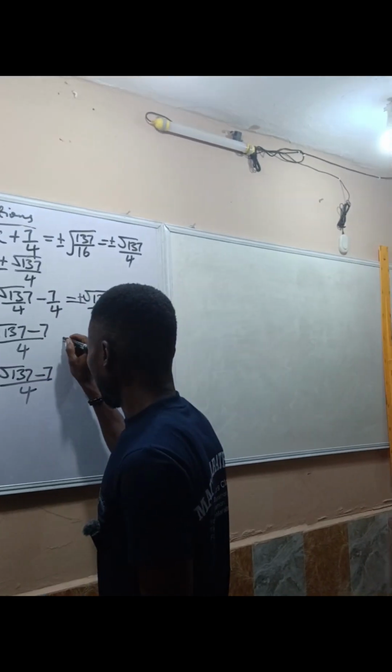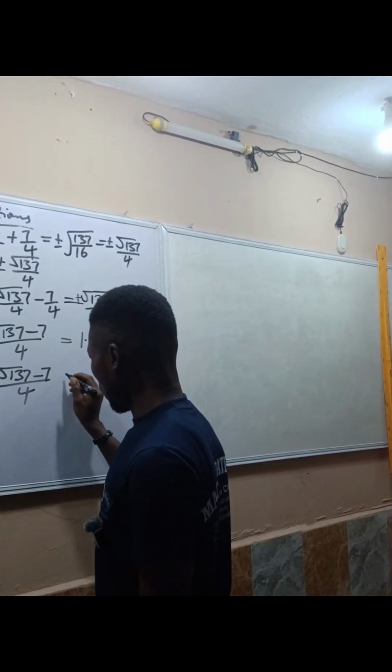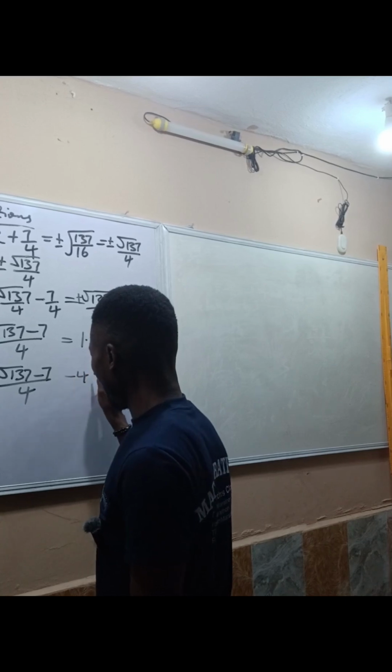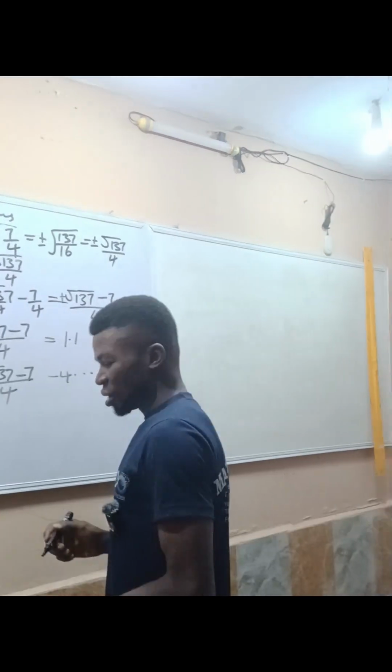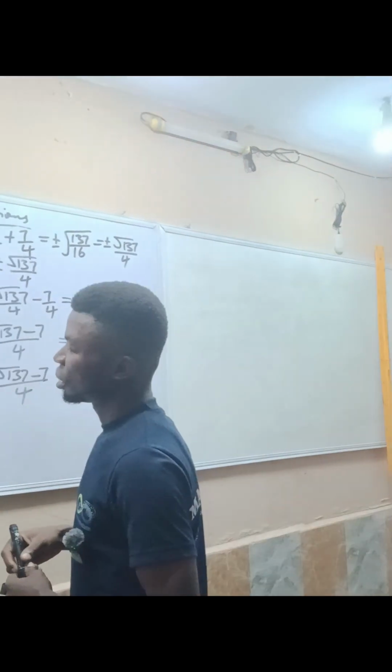And if you simplify, we get something like 1.1 for this one, and for this one will be minus 4 point something. So if you want to simplify it, use your calculator and then simplify it.